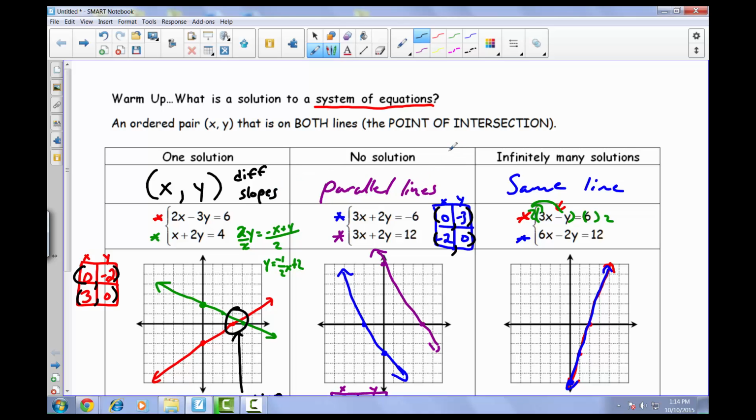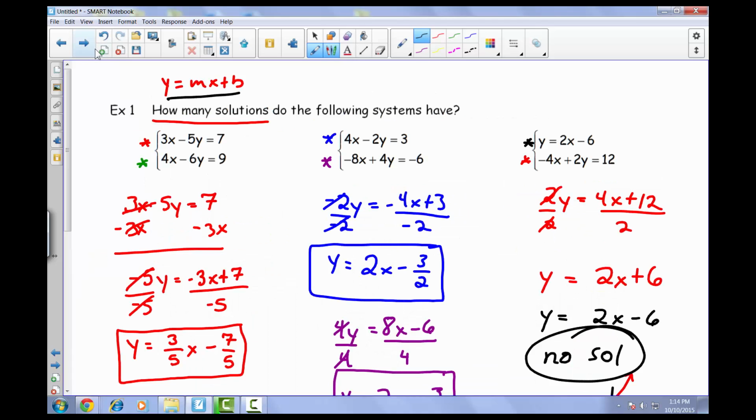For no solution, they have the same slope, different y-intercept. We could even see that from the graph: different y-intercepts, but same slopes. And for infinitely many solutions, they are literally the same line, so they have the same slope, same y-intercept. But again, that is example 1 from our 3.1, 3.2 set of notes.